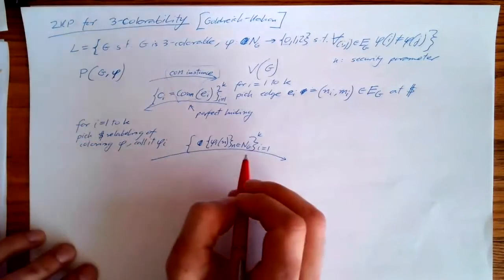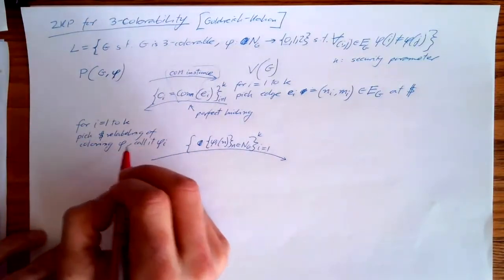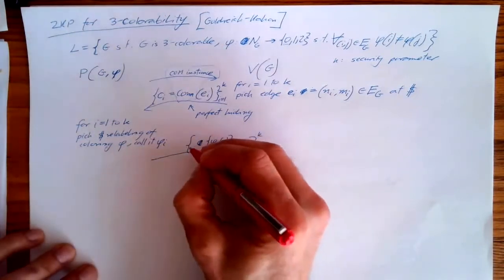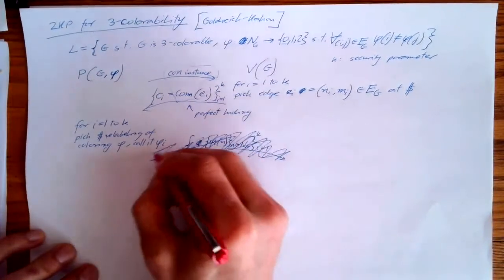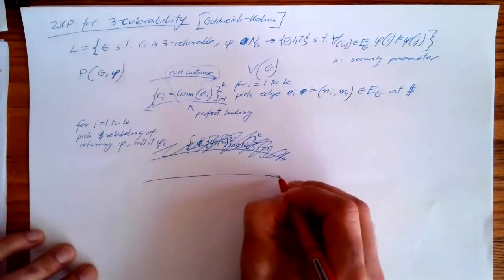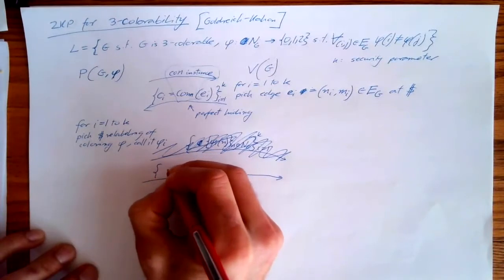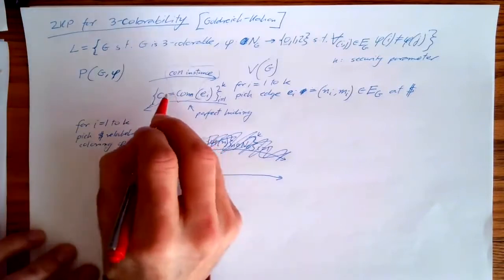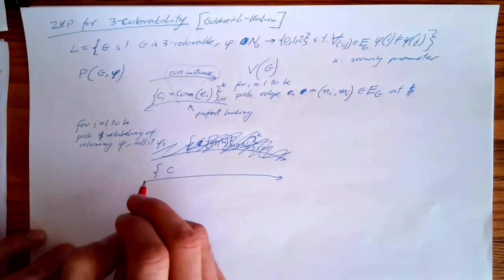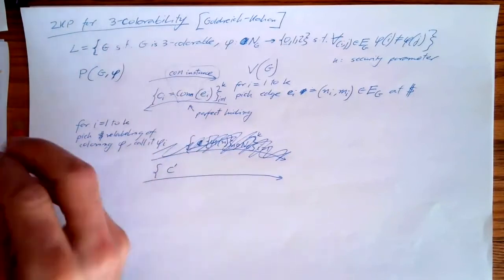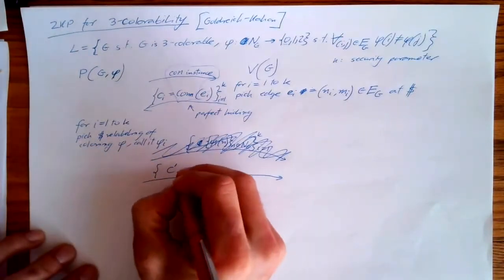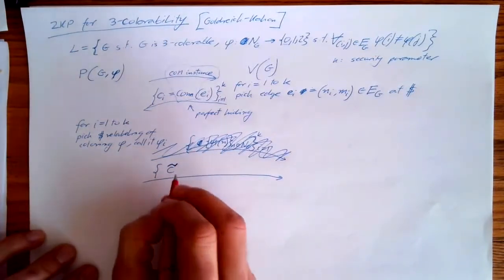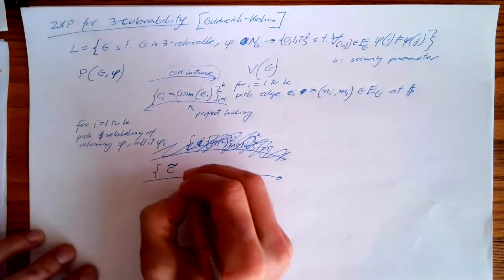Sorry, I lost the commitment part. So what he sends is the set of commitments. Commitments from the verifier were called C, so let's call the commitments from the prover C hat.